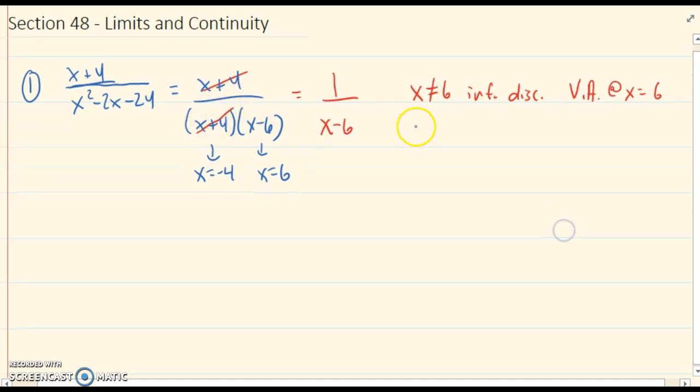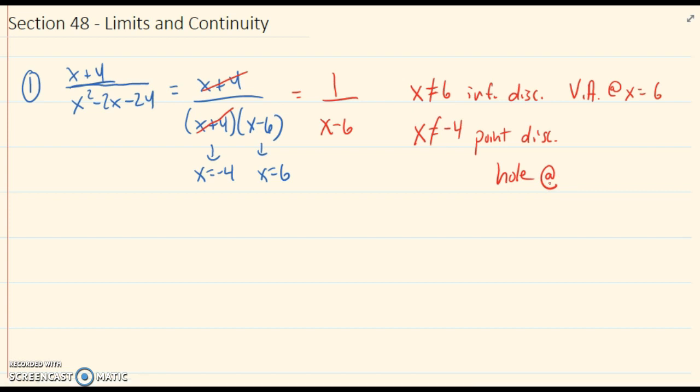So x cannot equal negative 4 is point discontinuity, which means there's going to be a hole at, and this is where it's different from what we did in the past, because in the past we just classified it as a point discontinuity or infinite discontinuity. But now we want to figure out the ordered pair for that hole. We know the x coordinate is negative 4.